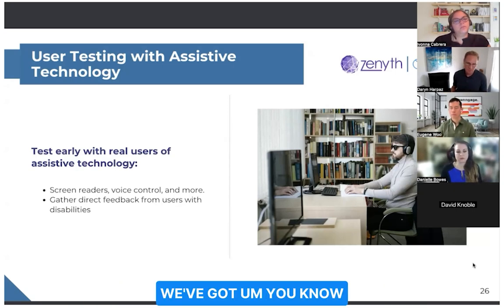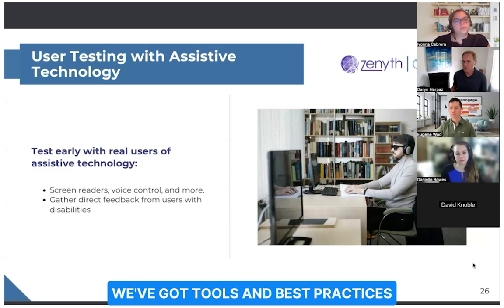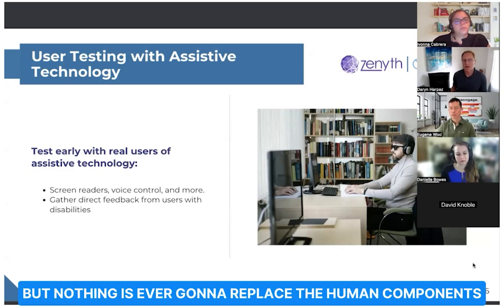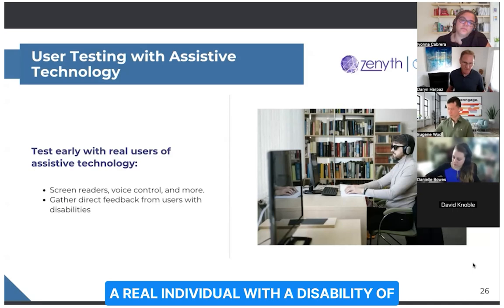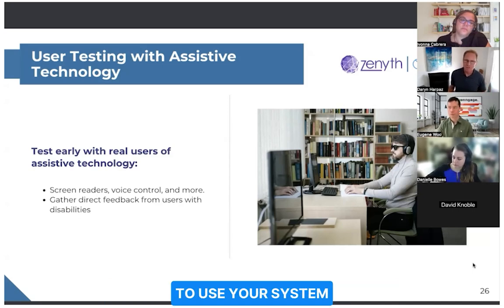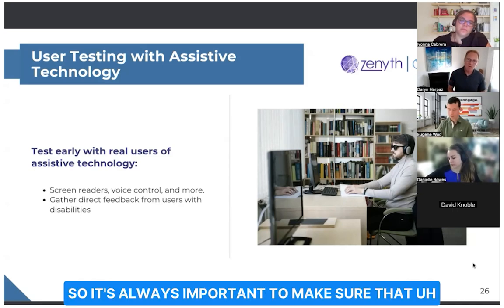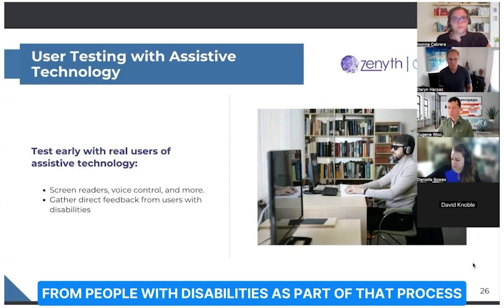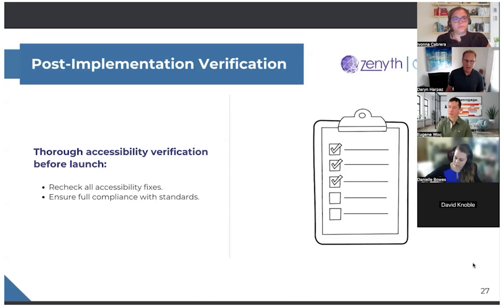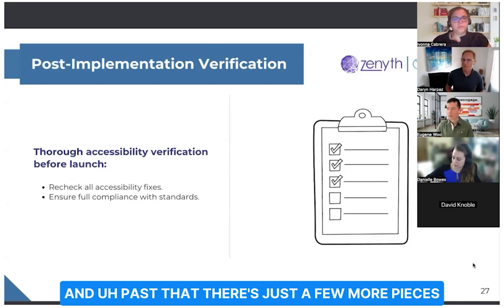We've got tools and best practices, but nothing is ever going to replace the human component, because at the end of the day, this is about a real individual with a disability being able to use your system. So it's always important to make sure that user testing with assistive technology from people with disabilities is part of that process. And past that, there's just a few more pieces.